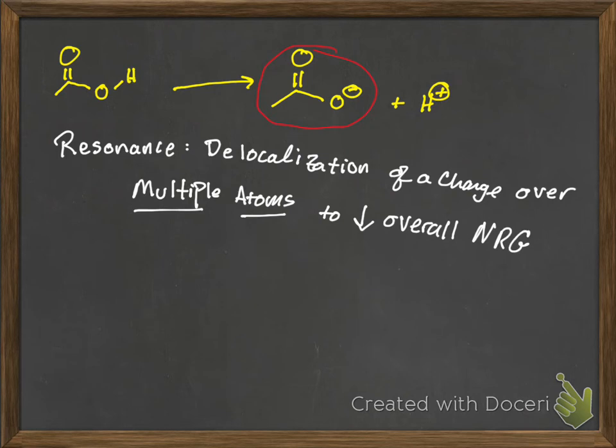And when your energy decreases, your stability of the negative charge increases, which means the pKa of this lowers.